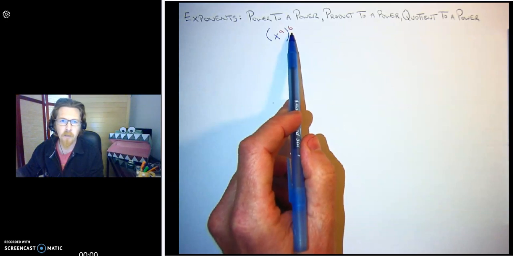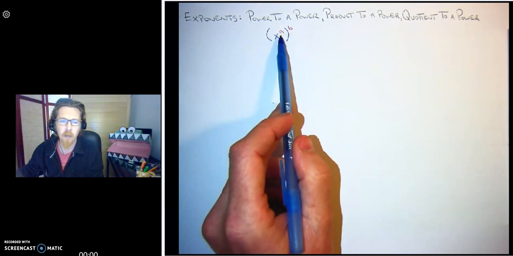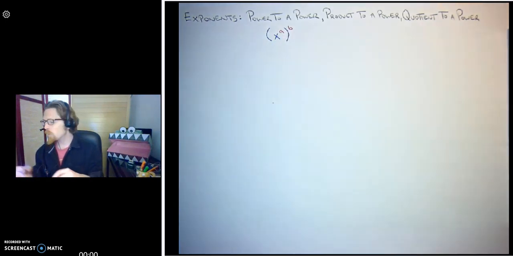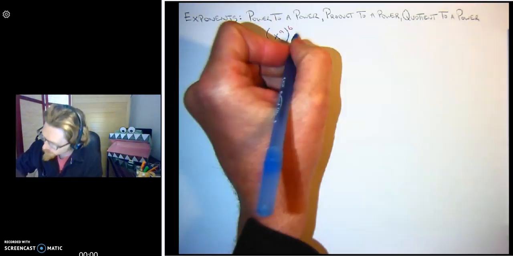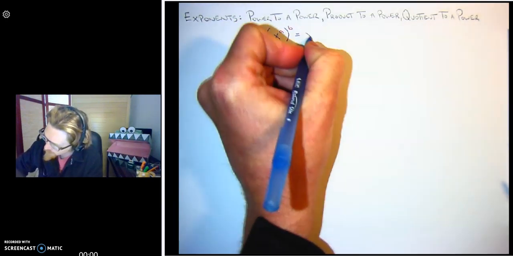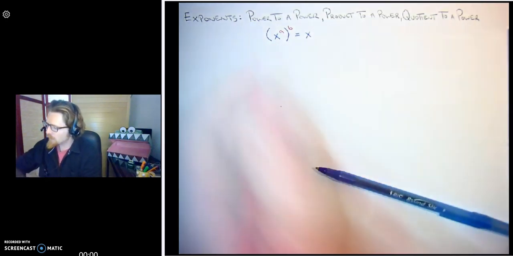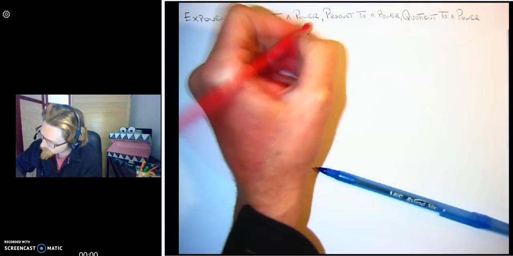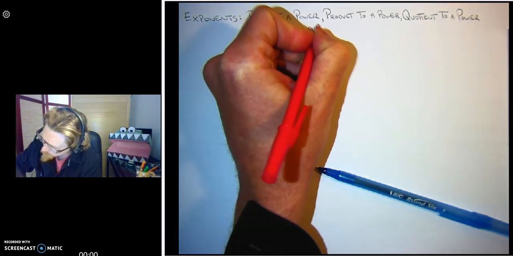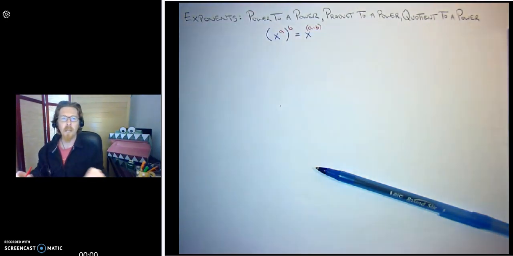This b is telling us to take x to the a power and times itself b times. So we have a rule for this: to simplify, you can just take that same base number and multiply the two exponents. So x would be raised to the product of a times b.